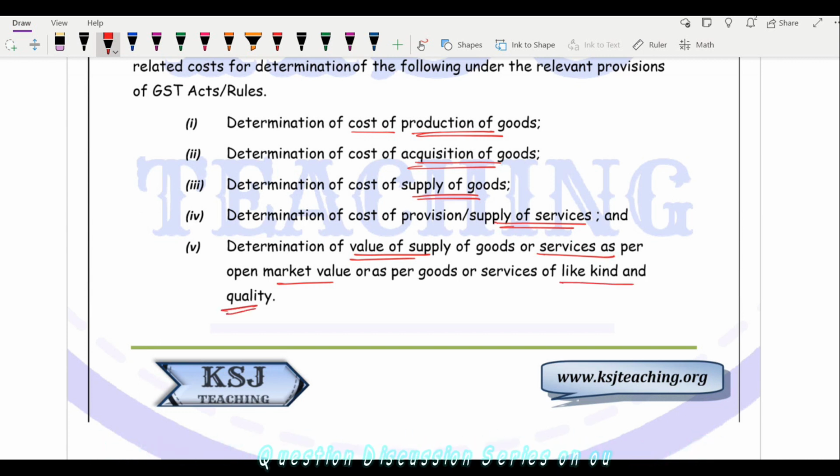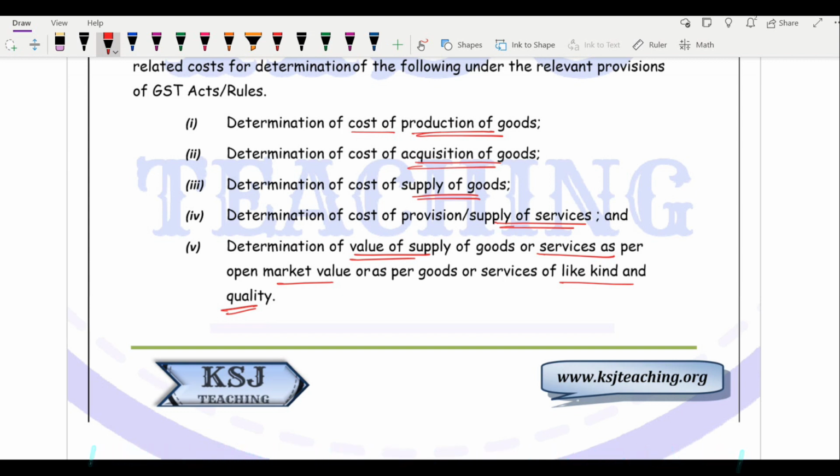That if you are manufacturing a good or if you are providing a service for which you cannot directly identify the cost that is incurred, right, then there are alternative ways: in the market what is the value of that, or if there is a similar product or a similar kind of service in the market, then what is the price of that?